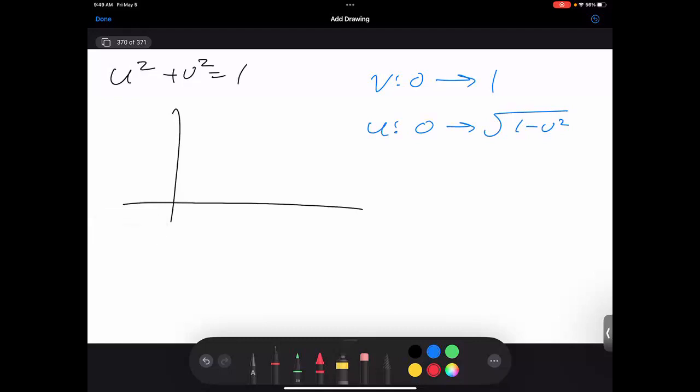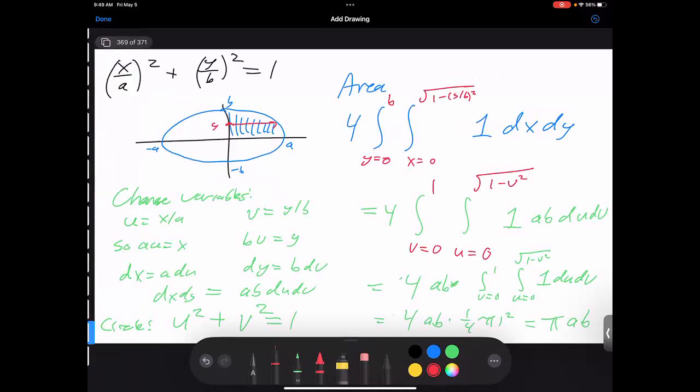So if I fix a value of v, here's v, here's u, and I see just how far I go, this gives me a quarter circle. So I recognize geometrically that what I have is just a quarter circle.